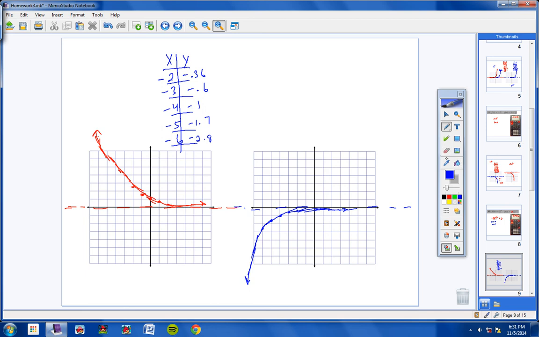Let's go ahead and highlight our points here. We got 1, 2, 3, 4, 5. Over here we have, let's see, 1, 2, 3, 4, and 5 right there.